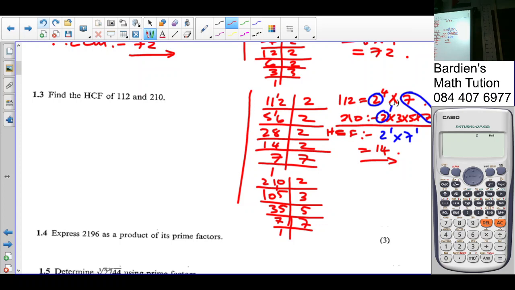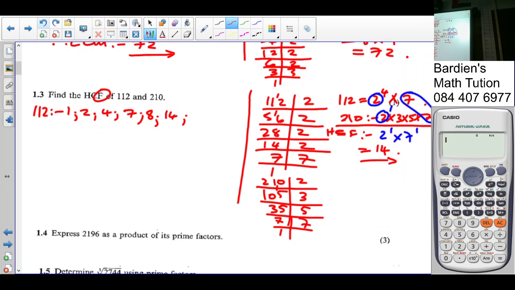Otherwise, you could have used this method here. Since it's factors, we're looking for factors only. So for 112 it's 1, 2. Can 3 go into it? No. 4? Yes. 5, 6, 7, 8. 7 goes. 8 can go. 14.